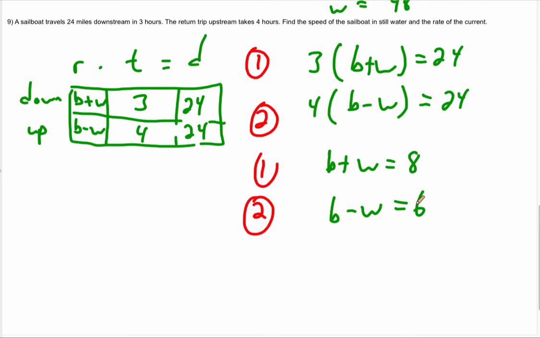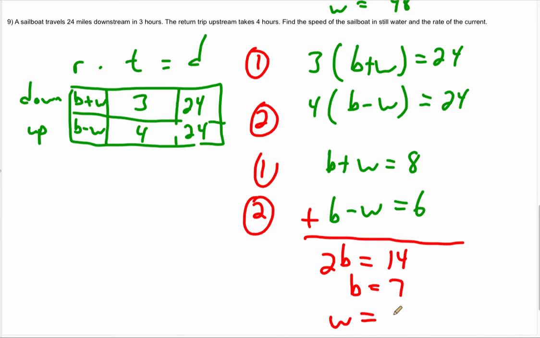We're going to use addition again because it just works so nicely. 2B equals 14. B equals 7. Super easy. Easy like Sunday morning, but it's Saturday. Boom. W equals 1 because 7 plus 1 is 8.